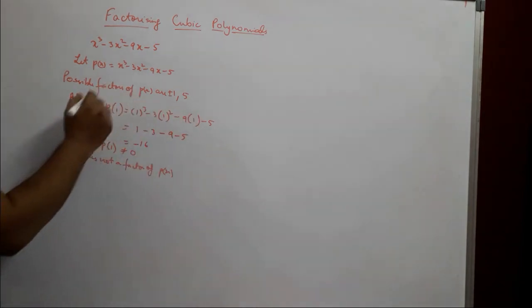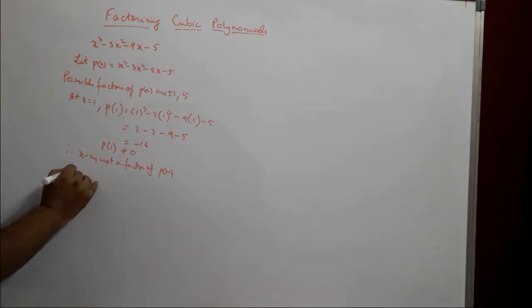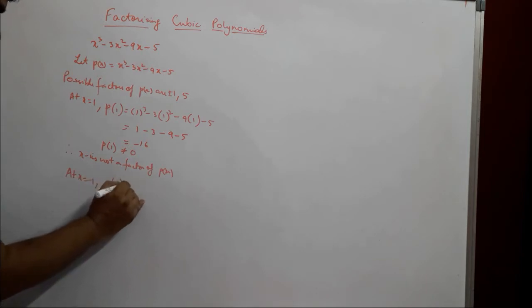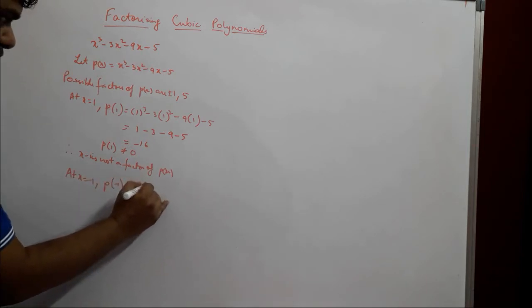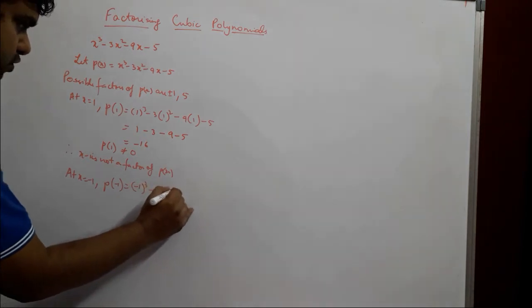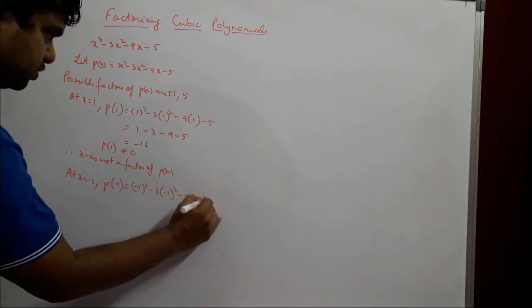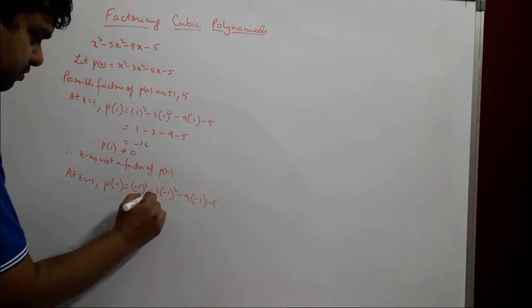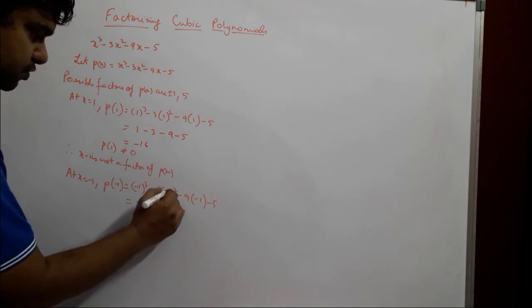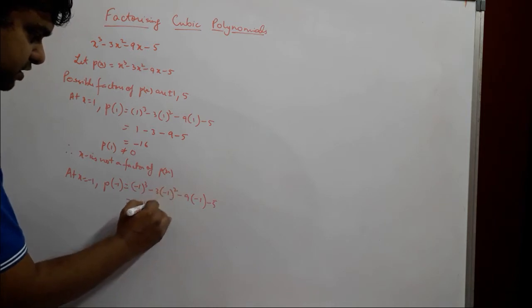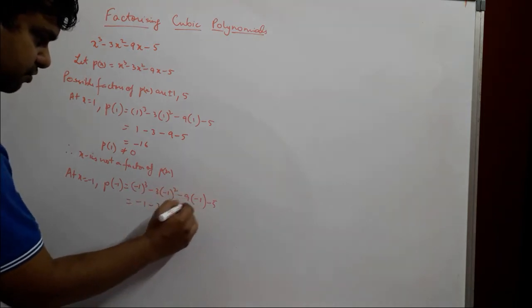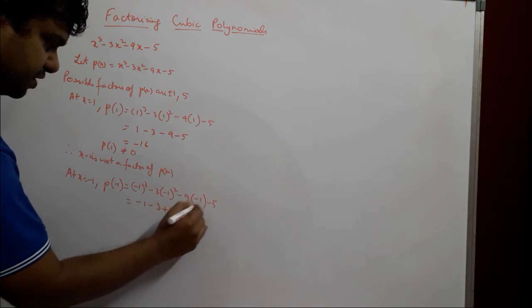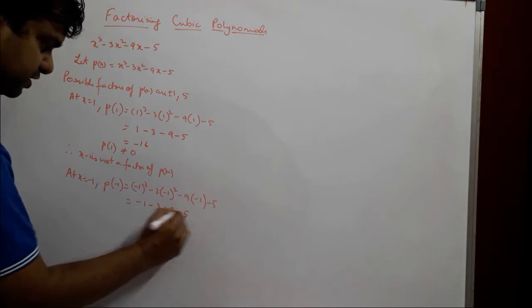Now we move to x equal to minus 1 and we'll check p of minus 1. So minus 1 whole cube minus 3 into minus 1 whole square minus 9 into minus 1 minus 5. Minus 1 whole cube comes to minus 1, minus 3 into minus 1 whole square gives us minus 3, minus 9 into minus 1 gives us plus 9, and this will be minus 5.